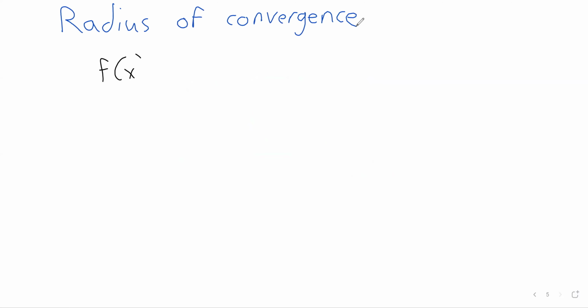Putting these observations together, we have a notion called the radius of convergence. So say that we're using a power series to define a function.